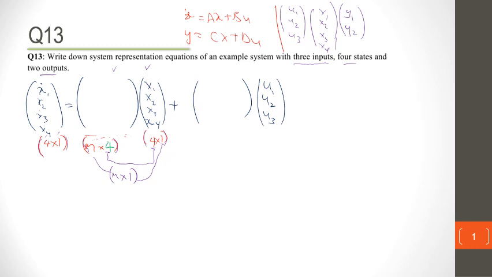This means we can conclude that this value here is 4. So here we can fill in a random system of 4 by 4. That could be our A matrix as a random example, but it's a valid example because we know that the matrix has to be of size 4 by 4.